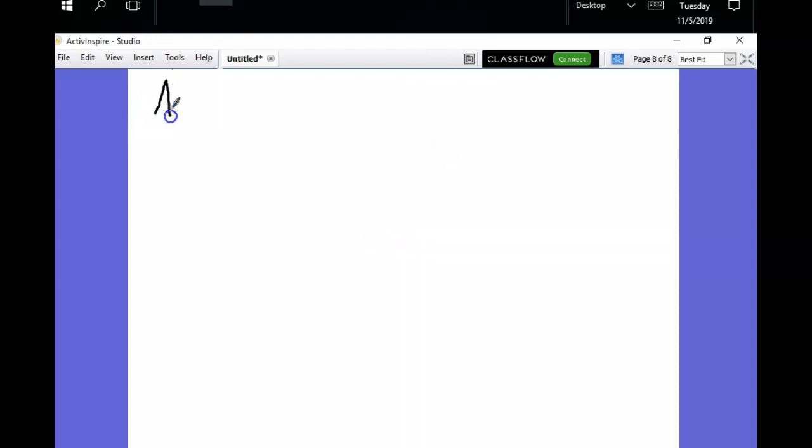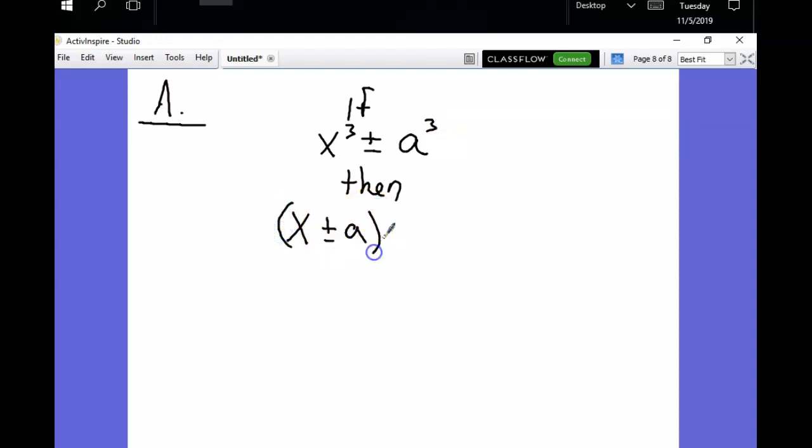So first of all, we want to write down our formula. Here it is. If we have x cubed plus or minus a cubed, then the factored form of that would be as follows.